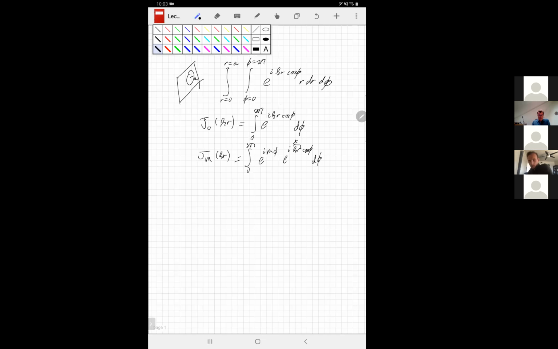Another way to do it would be to show that it satisfies the same differential equation. Because if it satisfies the same differential equation as Jm, then, well, there's only two things that satisfy that differential equation: the Bessel function of the first kind, Jm, and the Bessel function of the second kind, Ym.